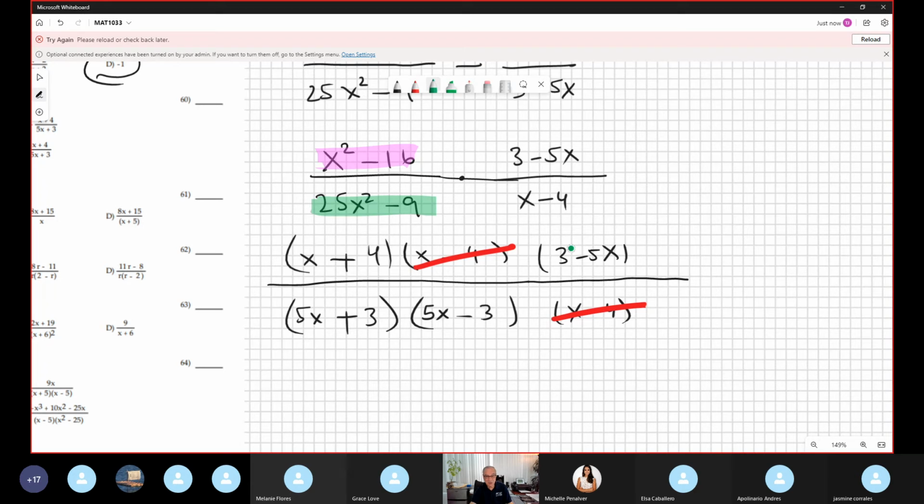Let me use another color for the brother and sister. 5x minus 3 and 3 minus 5x cancel, but you put an extra minus 1. With twin brothers, no extra minus 1; the positive 1 is invisible. My final answer is minus, very important, the minus, (x plus 4) divided by (5x plus 3).